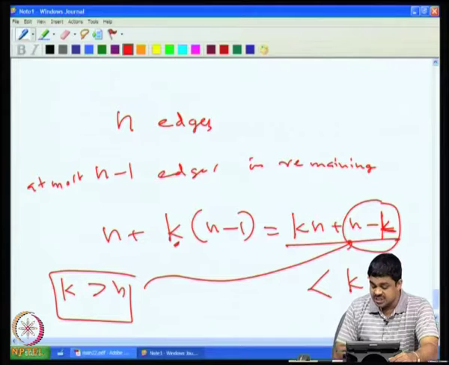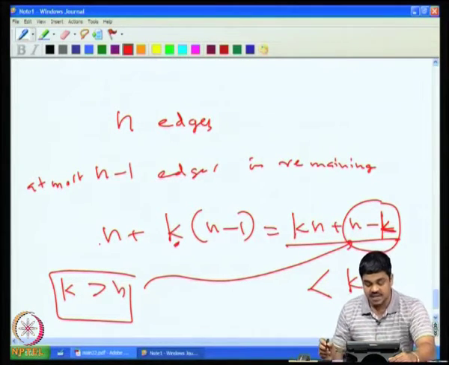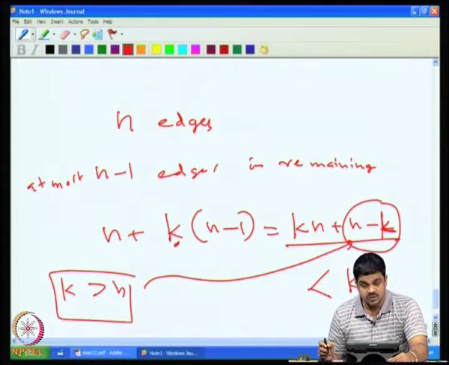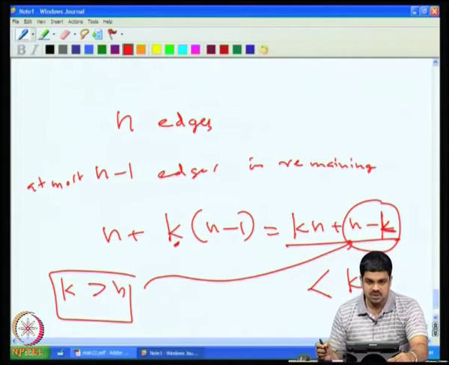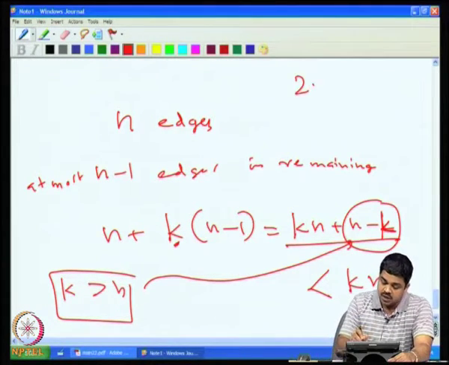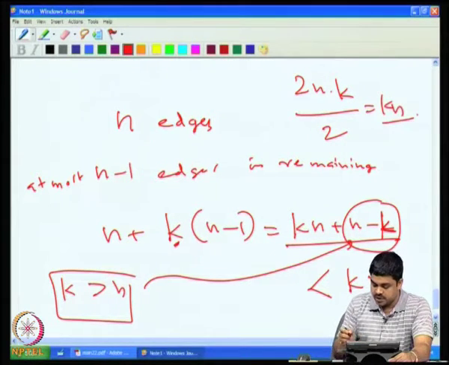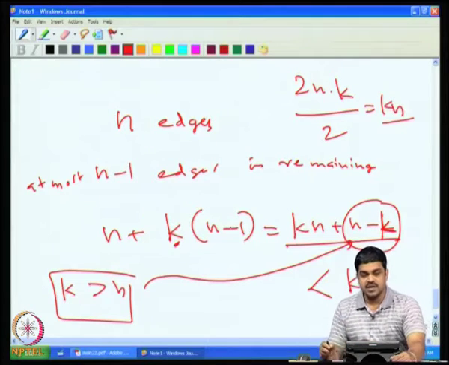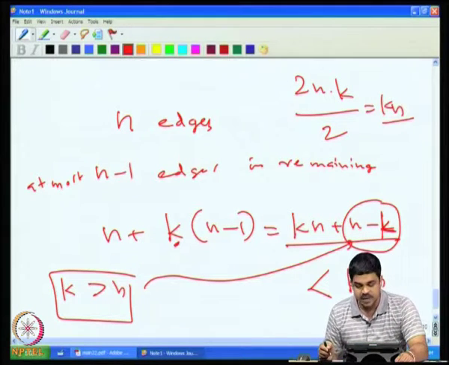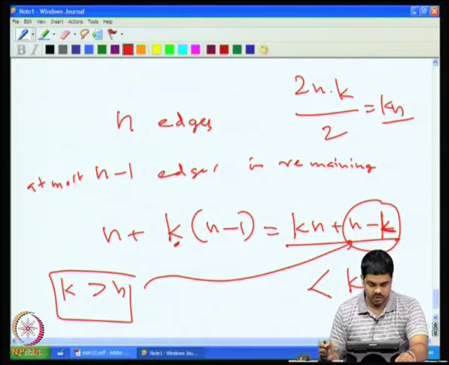If every edge is colored, and I sum up the cardinalities of the color classes, it should give the total number of edges, right. And how many edges are there? There are 2n vertices, it is a k regular graph. So 2n into k divided by 2, equal to kn edges should be there. Now we are saying when you sum up the cardinalities of all the color classes, we get something strictly less than kn, which is a contradiction, which cannot be true.